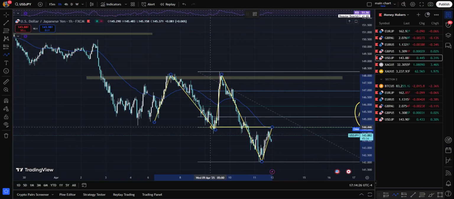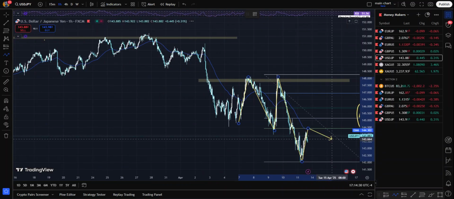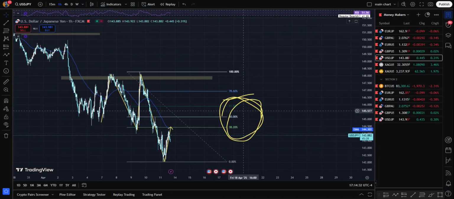You can see that neckline almost matches perfectly with our retracement area that we were looking for. We were looking for anything that could push us in one of these directions, a confluence that lines up with one of these retracement areas. That's why I'm picking the 38.2 level, because it is matching with the neckline of this double top, which is why I will be selling somewhere in this area.